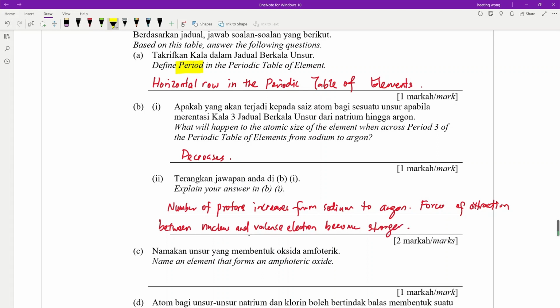Remember, whenever you want to talk about the force of attraction, we should use the word stronger or weaker. Don't use higher or lower. If stronger, it will attract the electrons closer to the nucleus, so it will reduce the atomic size of the atoms from sodium to argon.